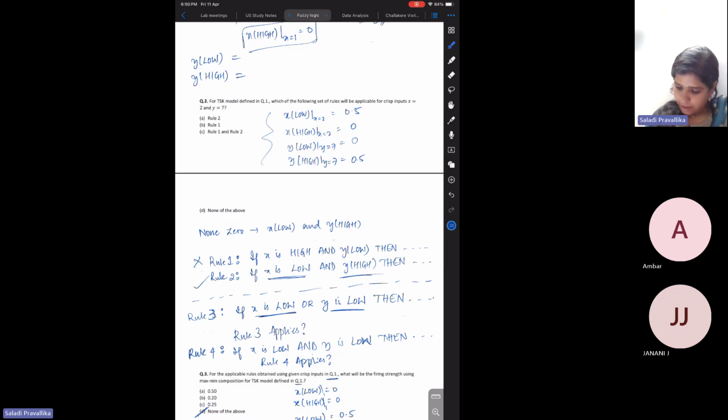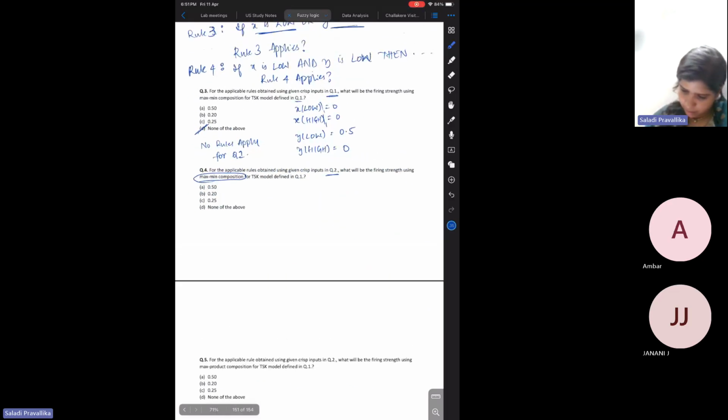So in that case, x low is 0.5, and y high is also 0.5. Let's write it here: x of low 0.5, y of high is 0.5. This is from rule 2, since only rule 2 is applicable.